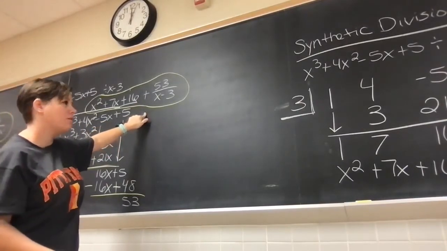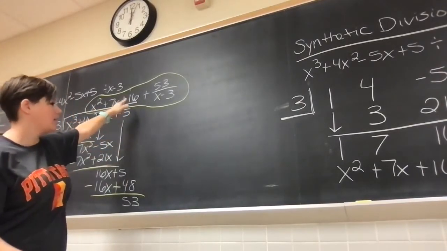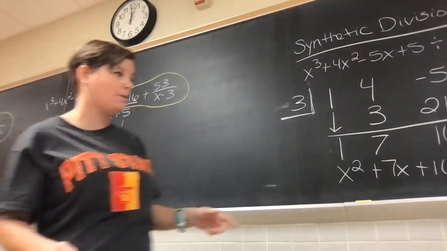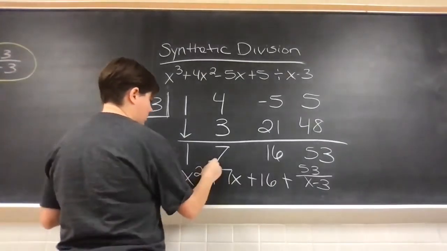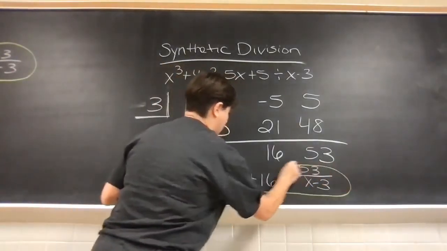So we did it with long division and got x squared plus 7x plus 16 plus 53 over x minus 3. And we got the exact same answer here using synthetic division.